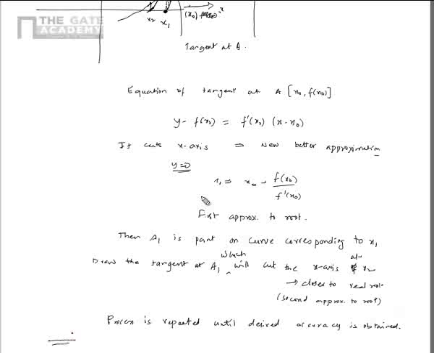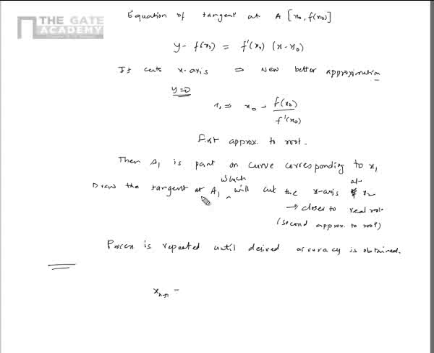So this is a simple method, sometimes called the tangent method, and we have the general formula also, which we have seen. The general formula is h n plus 1 is h n minus f of h n by f dash h n.